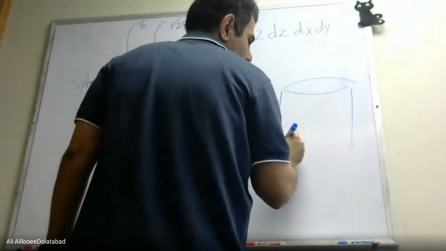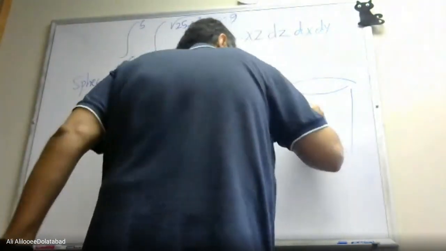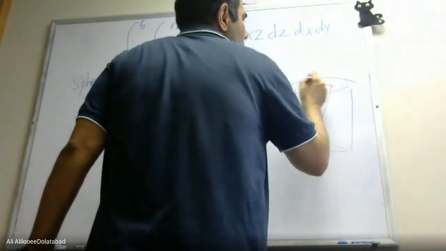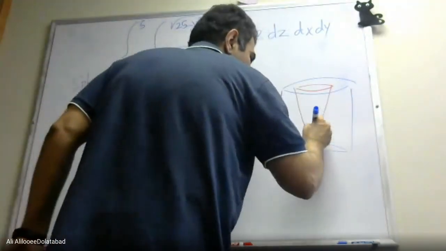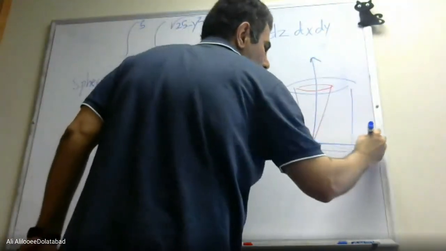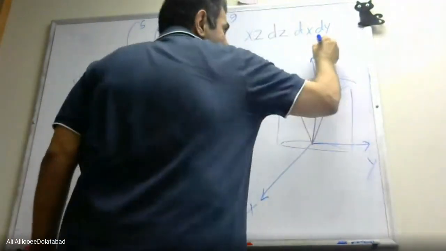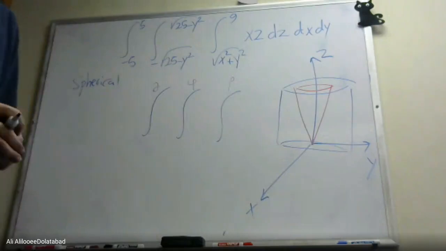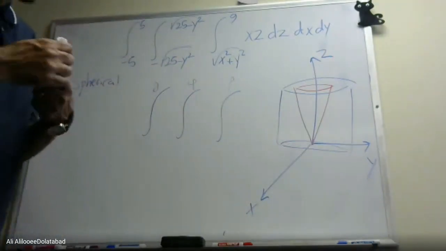It is all one solid: you have a cylinder, and inside the cylinder you cut a sphere. This is the x-axis, y-axis, and z-axis.